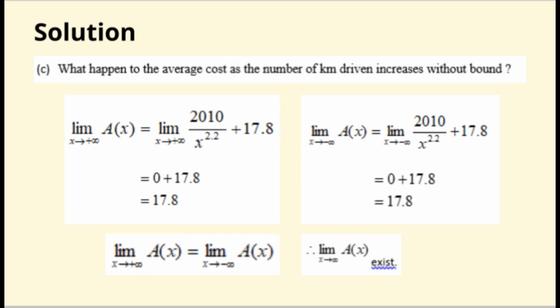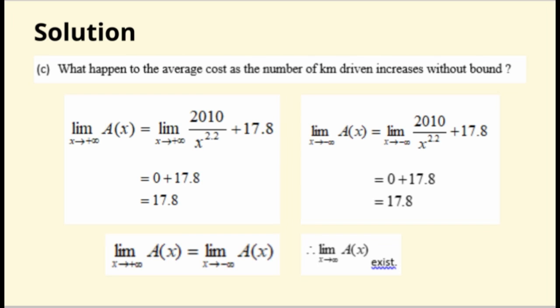For C, what happens to the average cost as the number of kilometers driven increases without bound? The number of kilometers driven increasing without bound means x goes to infinity.